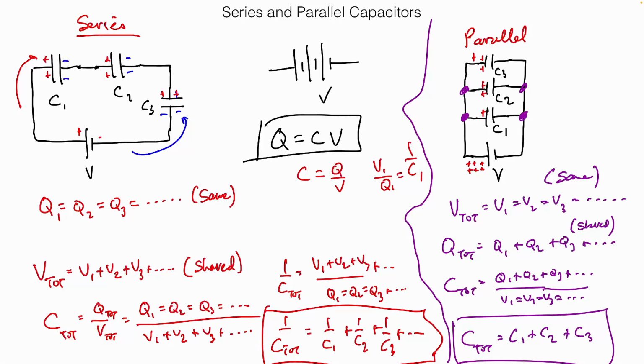So adding capacitors in series has the effect of reducing the amount of charge and voltage that can be stored in a capacitor system, which sometimes is what you want to do. Sometimes you need to have a capacitor for a reason, but you also don't want to store a lot of energy in that structure. So putting them together in series can really help with that.